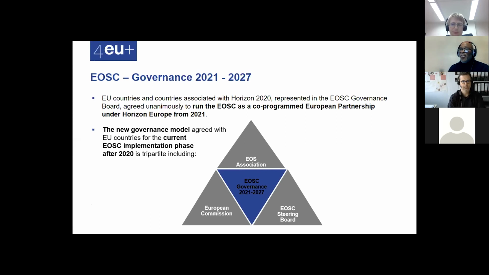You can see here the model with the European Open Science Cloud Association, the Commission, and the Steering Committee. It is this tripartite structure with the association steering it for the next 6-7 years in deciding which direction the European Open Science Cloud implementation will go.